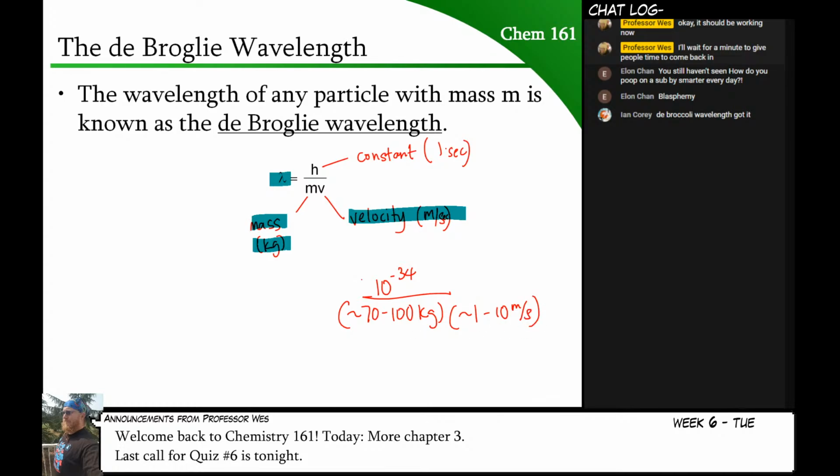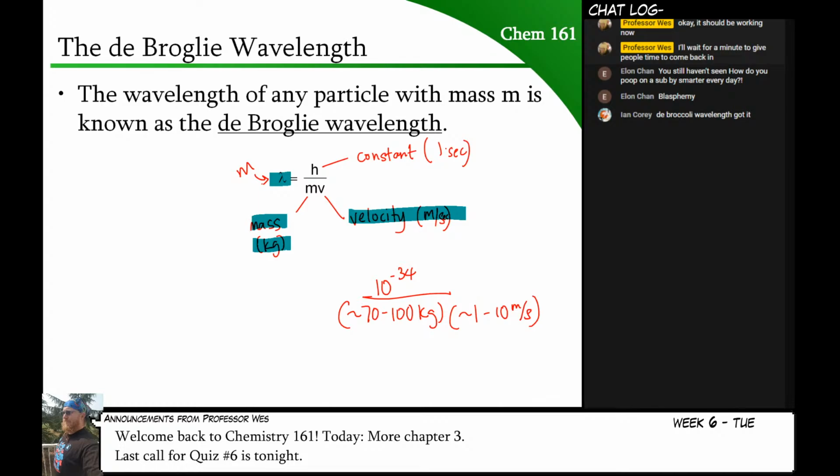So the wavelength that you're going to observe, and this will be in meters, for any macro scale object is so tiny that you will never, ever, ever observe it. No entity that we have access to would be able to observe it. You can't measure the wavelength of something that's 10 to the minus 40. Like, that's not a thing that works.